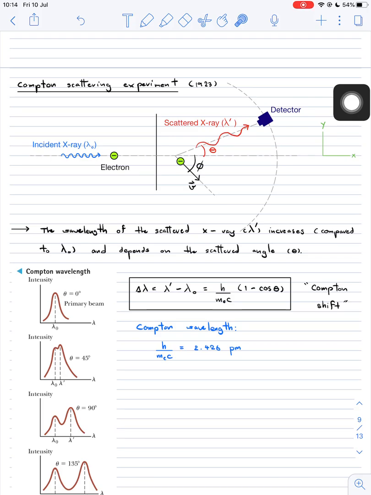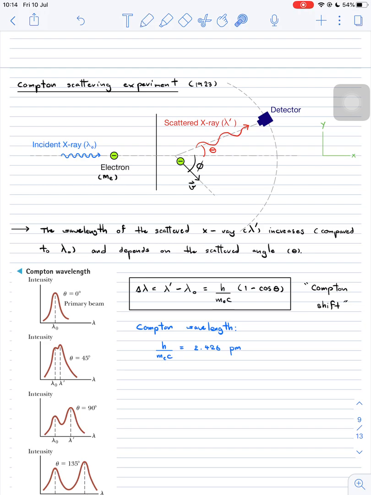Okay, so the idea is, let's just look at this model. We have an electron with the mass of the electron equal to m_e.